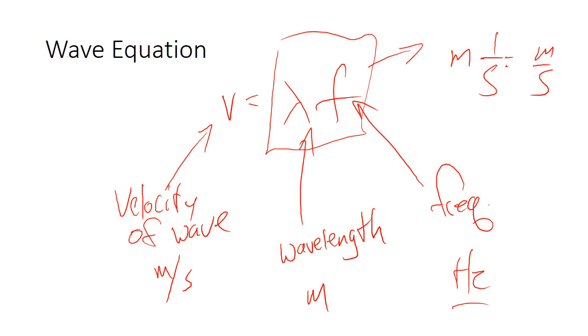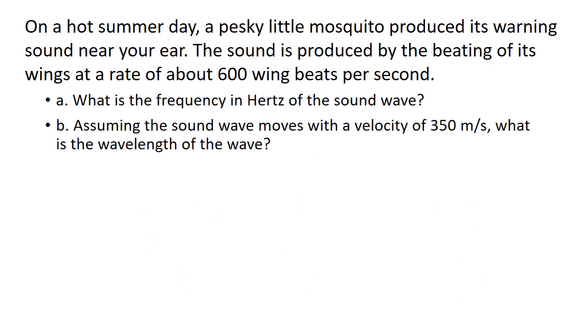All right, so let's actually use this now. Here's a fun practice problem that we'll work on. It's a hot summer day. A pesky little mosquito produces its warning sound near your ear. The sound is produced by the beating of its wings at 600 beats per second. Part 1: What is the frequency in hertz of the sound wave?